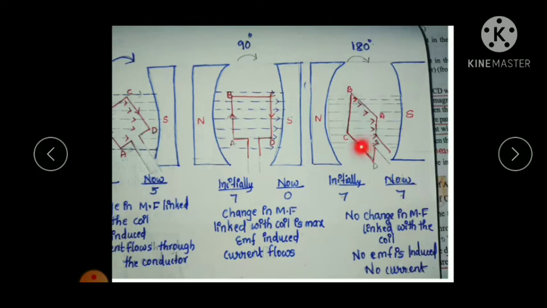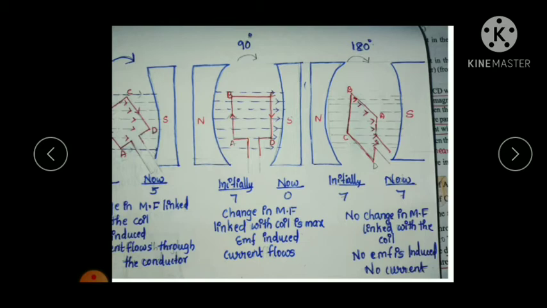So, at this particular stage, that is when the armature coil is rotated to 180 degree, there will be no induced EMF in the armature coil. So, no change in the magnetic flux linked with the coil. Hence, no EMF is induced, no current.